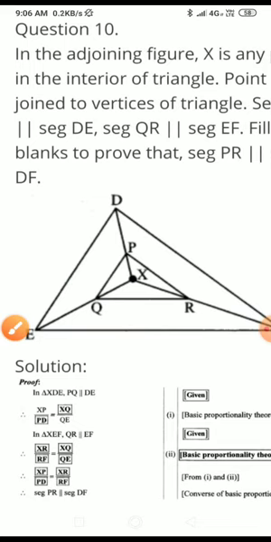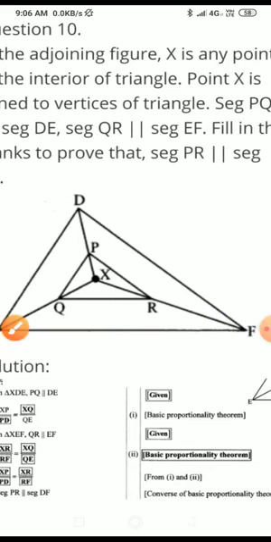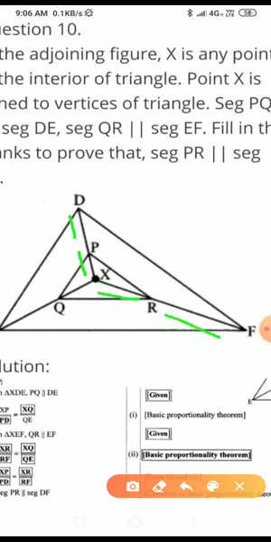Here in this diagram, XP upon PD is equal to XR upon RF, and if this ratio holds in this triangle, then we can say segment PR is parallel to segment DF.